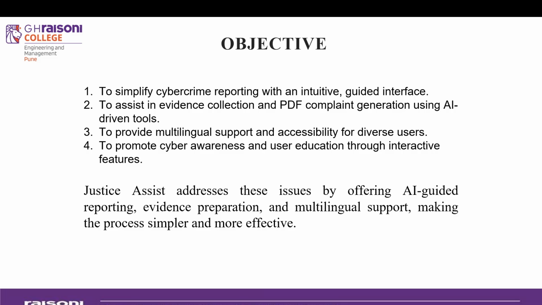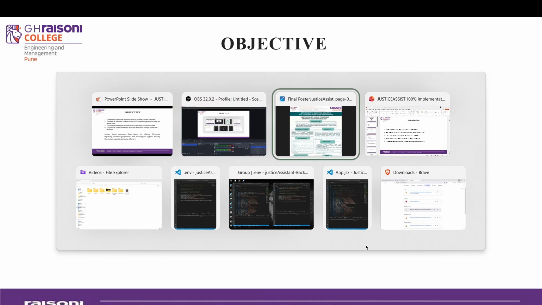Fourth, to generate a professionally structured PDF complaint that aligns with the format required on official cybercrime portals, and to educate users through awareness tools and provide multilingual support to make reporting accessible for a wider audience. Through these objectives, JusticeAssist aims to support victims at every step, from understanding the threat to preparing the final digital report. Now let us go to our poster.